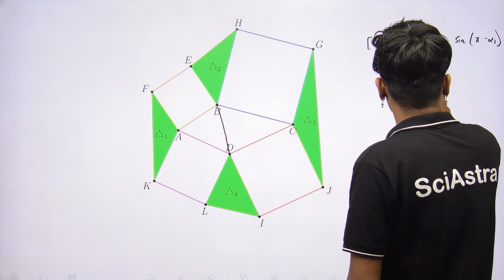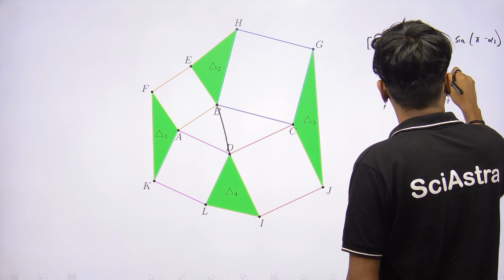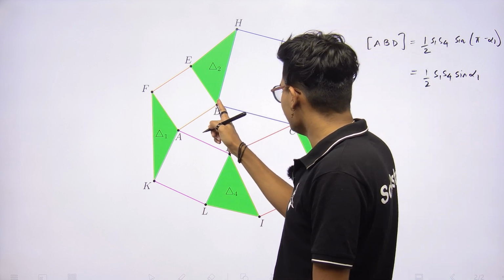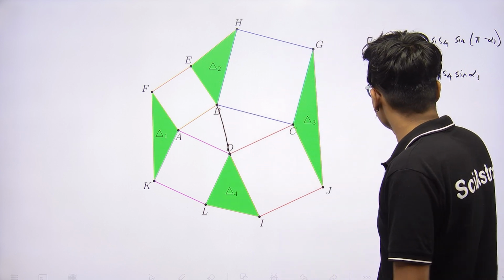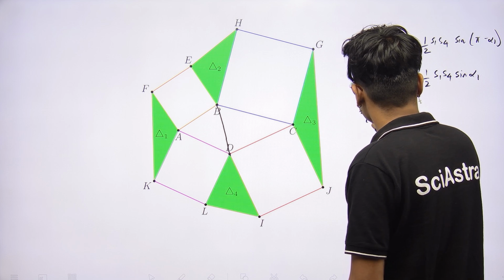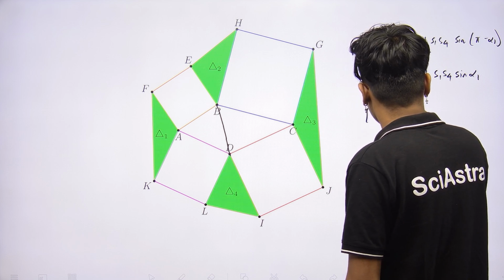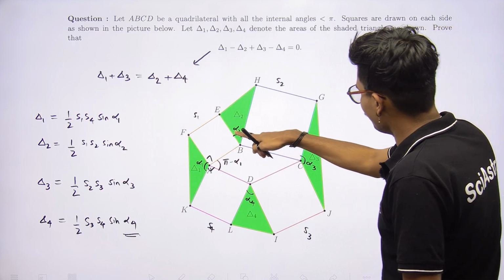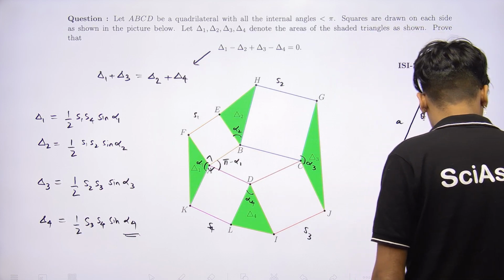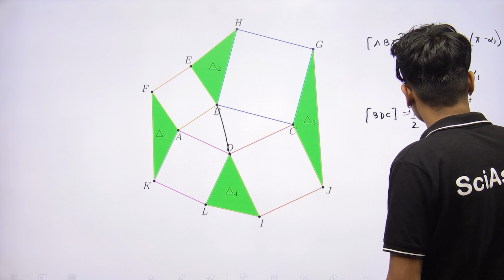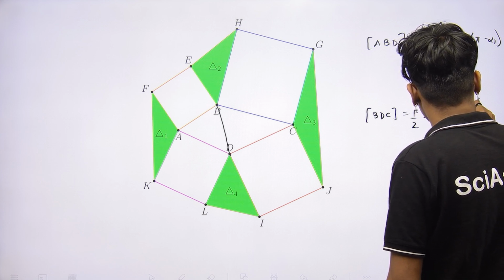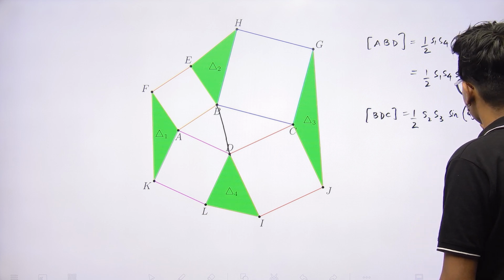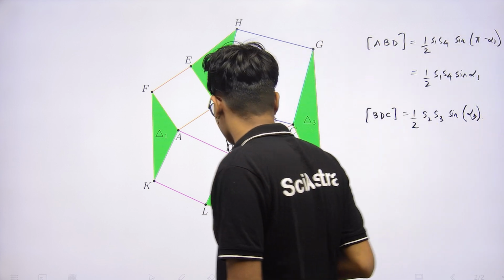So this turns out to be nothing but half S1 S4 sine alpha 1. Similarly, the area of triangle BDC is going to be half, and the sides are S2 and S3, sine. Again, it's going to be pi minus alpha 3, so we get alpha 3 here, right? So we get these two results.